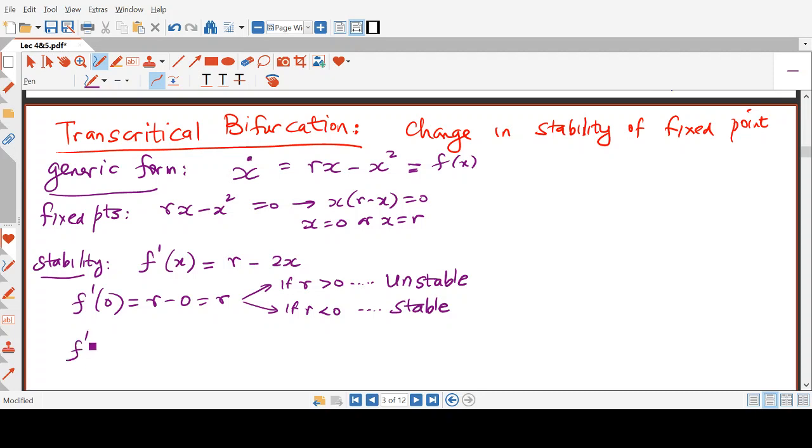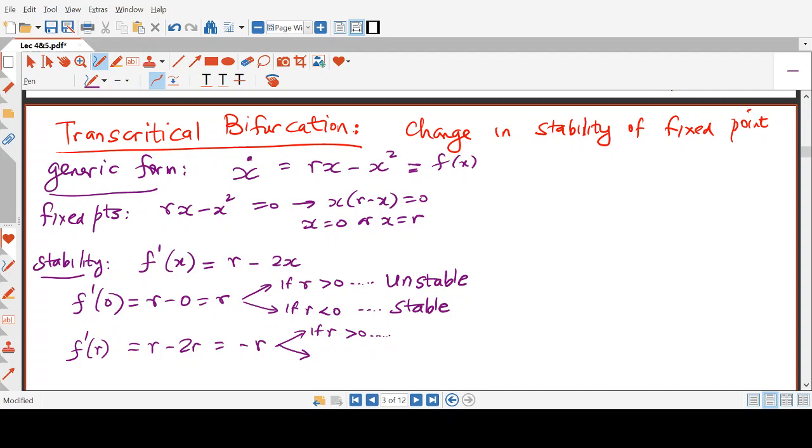Now the other one to consider is f dash of r itself. So this will be r minus 2r. r minus 2r is minus r. Once again, you've got two possibilities, two faces. So if you have r positive, now what happens?